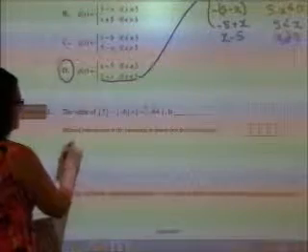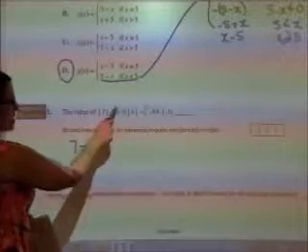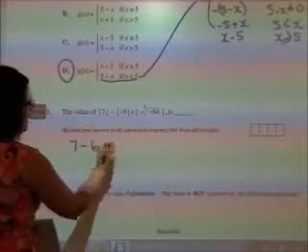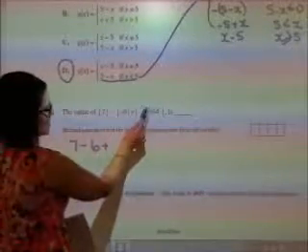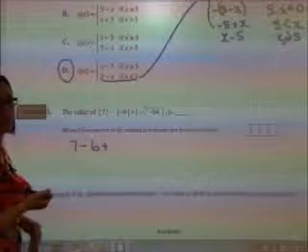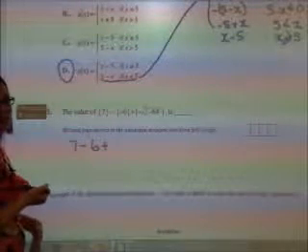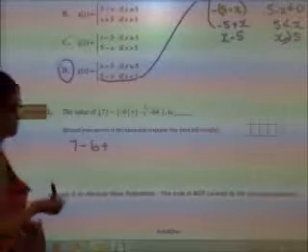Numerical response number 1 asks, what is the value of the following expression? So the absolute value of 7 is 7. The absolute value of negative 6 is 6. Plus, then I've got the cube root of negative 64, which is negative 4, right?